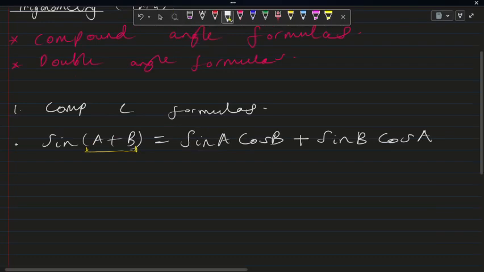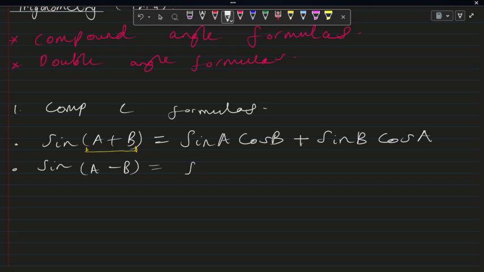Now, if we have sine of A minus B, then this will produce sine A cos B minus sine B cos A. So this is the compound angle.